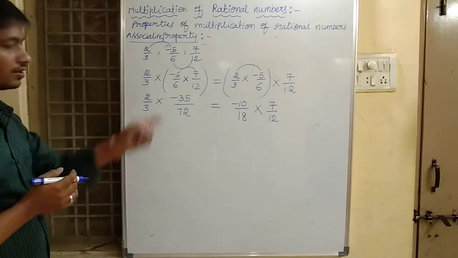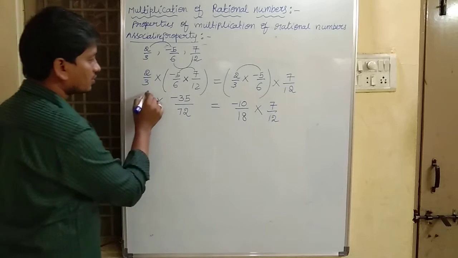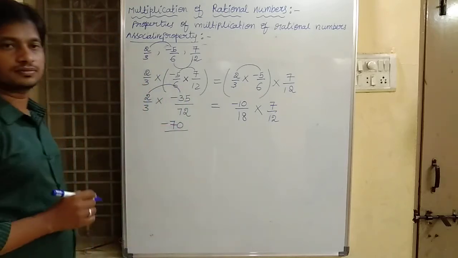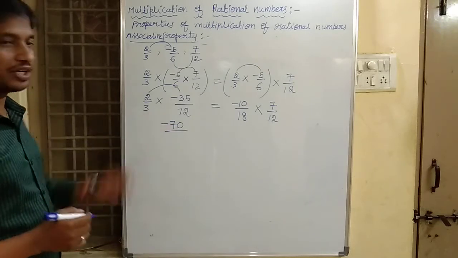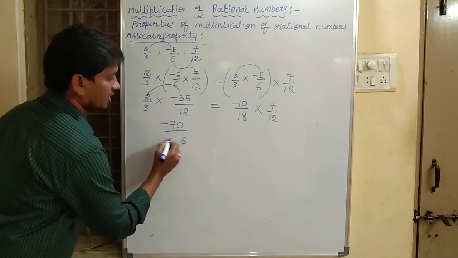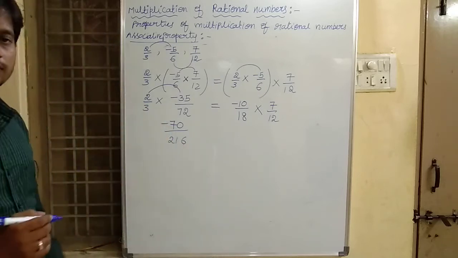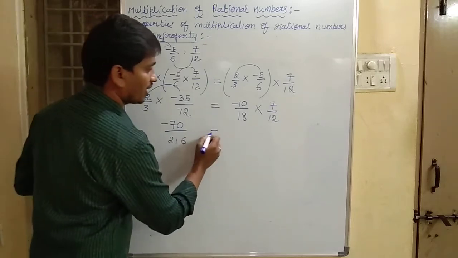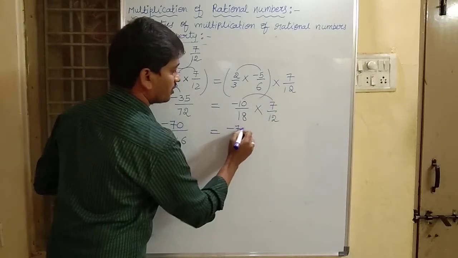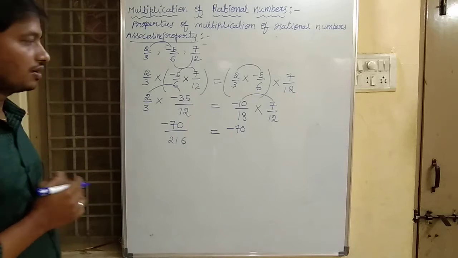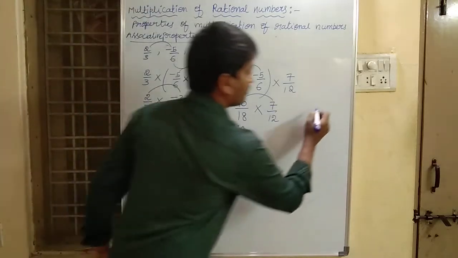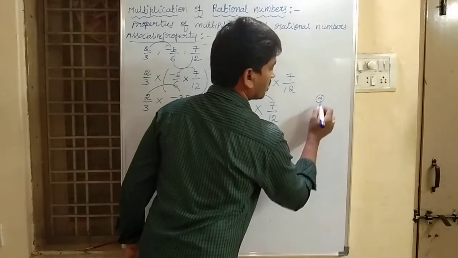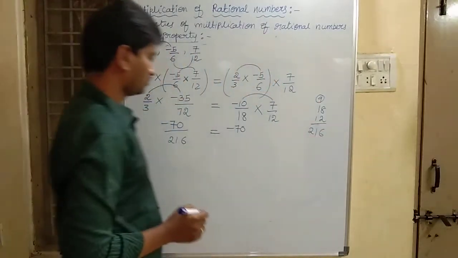Now let me multiply again: 2 into minus 35 is minus 70, 3 into 72 is 216. So that is minus 70 by 216. Equal to, again here also, minus 10 into 7, minus 70, by 18 into 12, which is 216.